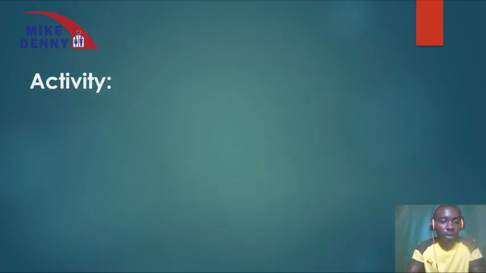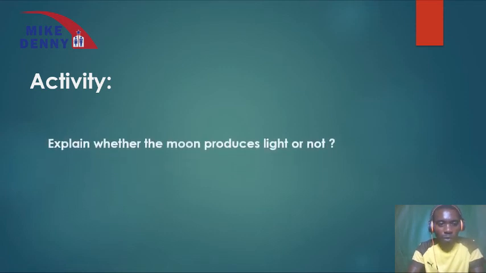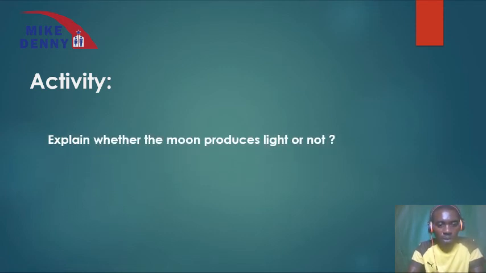Okay, dear students, I think we have gone through all the types of shadow, and I think it's time for me to give you an activity to test your understanding. I would like you to explain whether the moon produces light or not. Remember, in Form 1, you did objects that produce light.